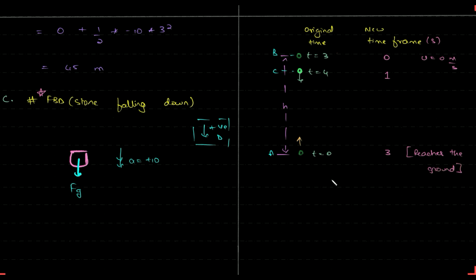You understood now? The original time frame is 0, 4, 0, 3. Again, he is falling down, remember, not going up, falling down. 4th second, somewhere along the line is the 5th second and 6th second. But if I consider the time to start from the point where the rock is at the highest point possible, that would be your new 0, and within 1 second, where it is is what we have to figure out.